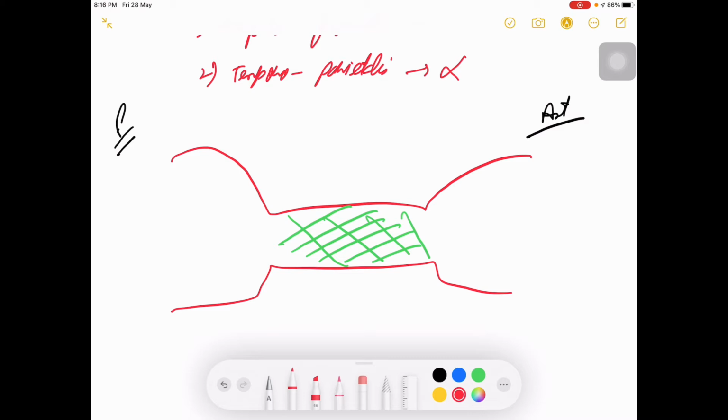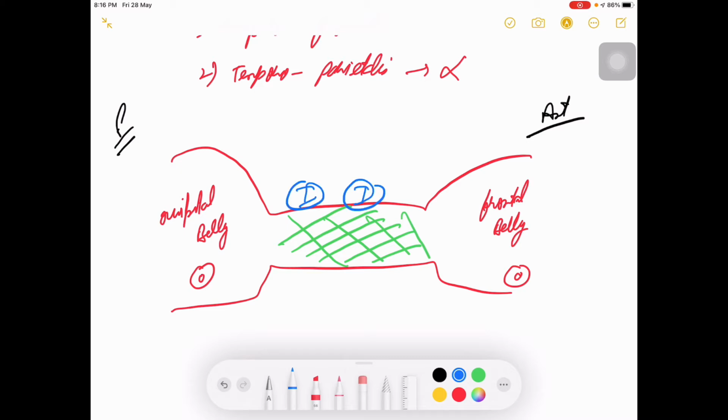So this is your frontal belly, and this is your occipital belly. They originate from here and insert in the epicranium region. This aponeurosis is basically your insertion.